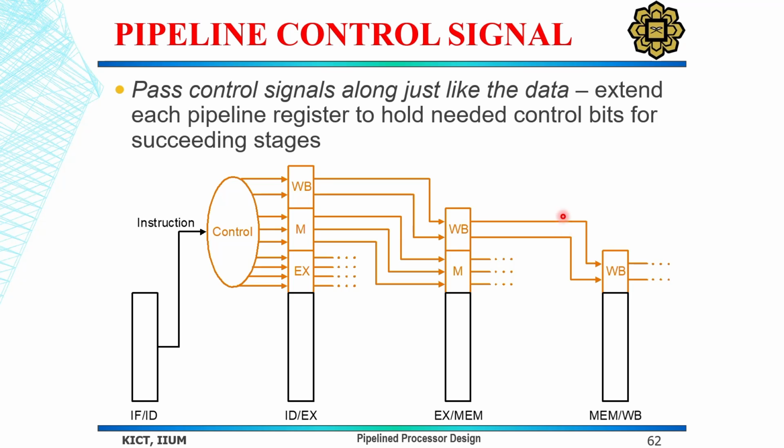All the control signals relevant to the execute stage are utilized over here, then we have three control signals for the memory stage, which are utilized over here, and then we have two control signals for the write back stage, which are used over here.